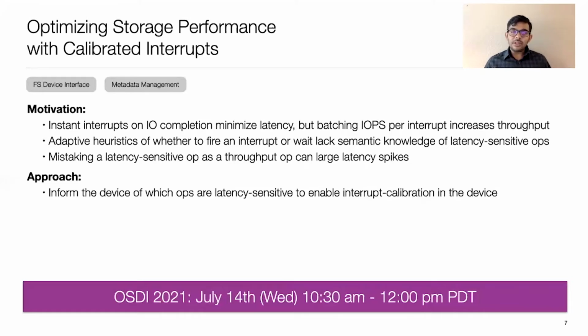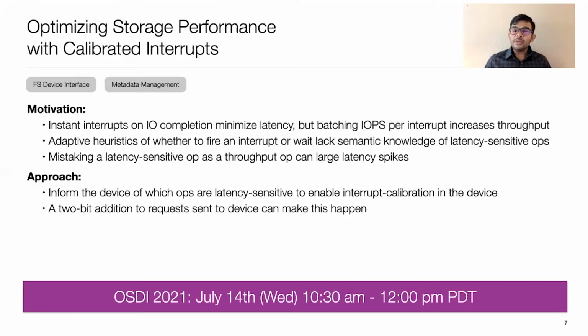In this work, the authors develop a hint mechanism by changing the device interface slightly and passing more bits to the device, telling the device about which operations are latency sensitive and which are not. This allows the device to calibrate its interrupt scheduling mechanism and allow the latency sensitive operations to get their interrupts quicker.